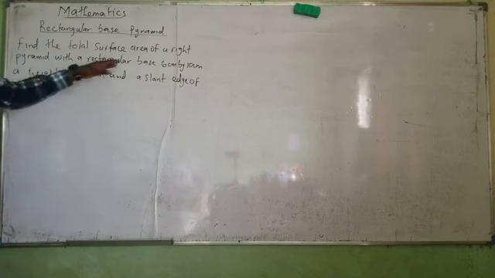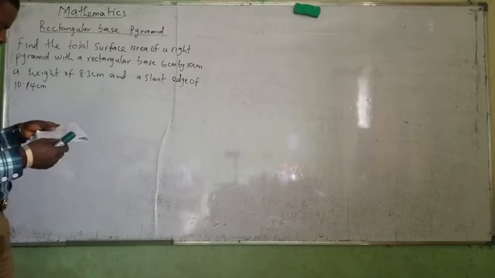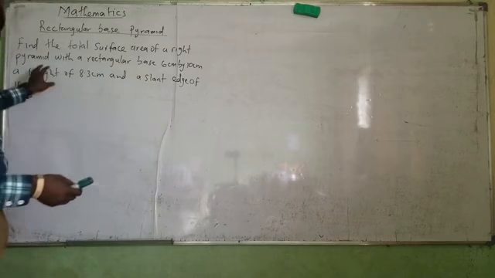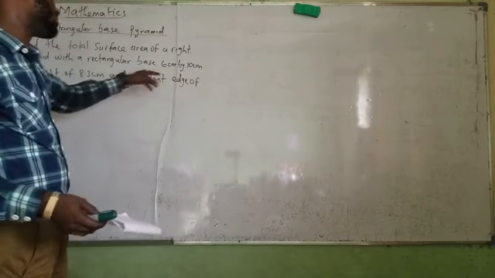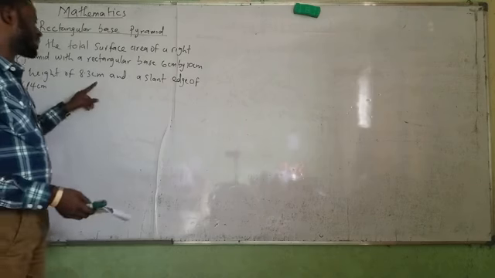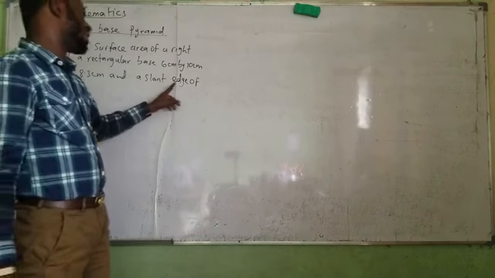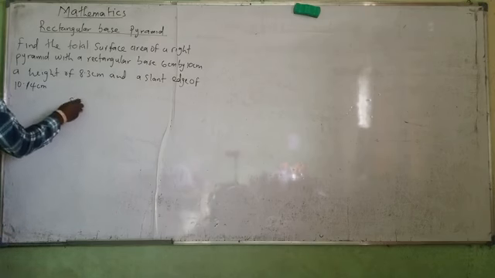Find the total surface area of the right pyramid with a rectangular base 6 by 10 centimeter, a height of 8.3 centimeter and a slant edge of 10.14 centimeter. Now, what I will do is first try to draw.